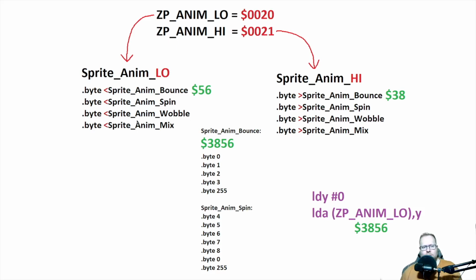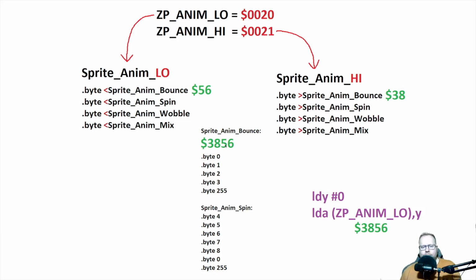So these two tables, sprite anim low and sprite anim high, are basically support tables, right? They just contain half of a memory address. This one contains the low byte, this one contains the high byte. So obviously we need to make sure that if we're loading the first entry here, then we load the first entry here when we combine them to get the correct memory address.